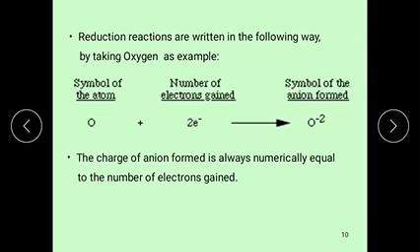In the Cl elemental state, the oxidation number is 0. When it converts to Cl minus by gaining 1 electron, the oxidation number is minus 1.